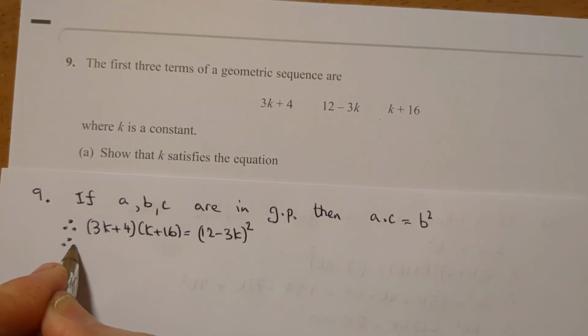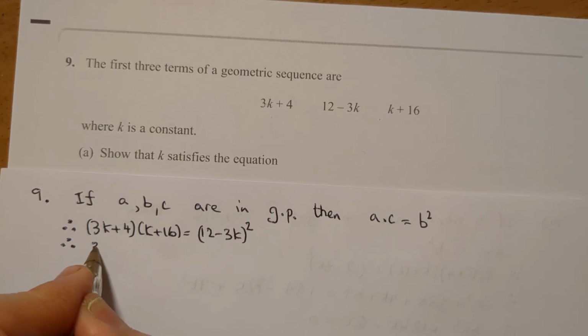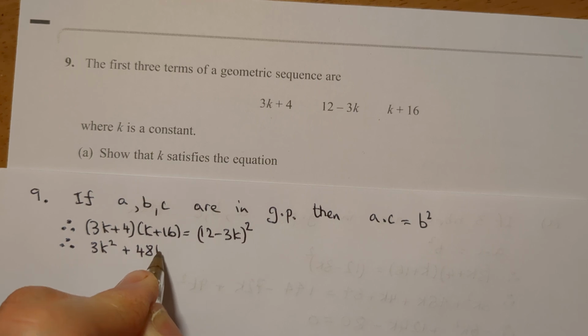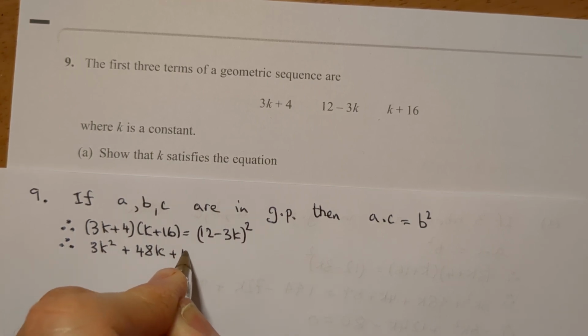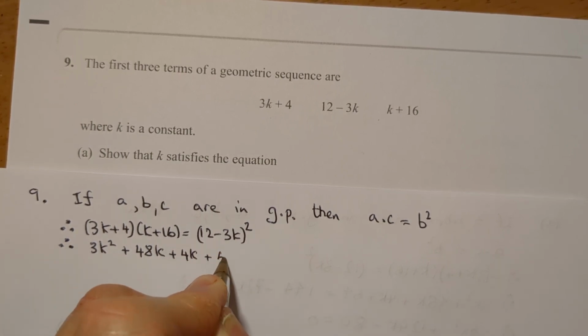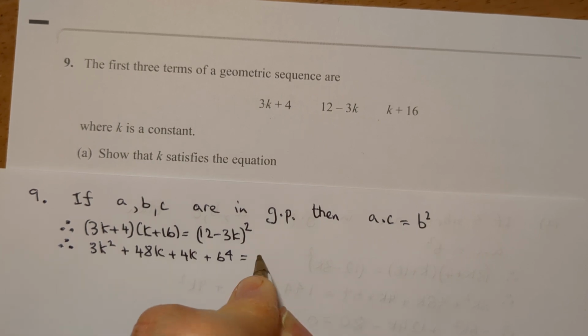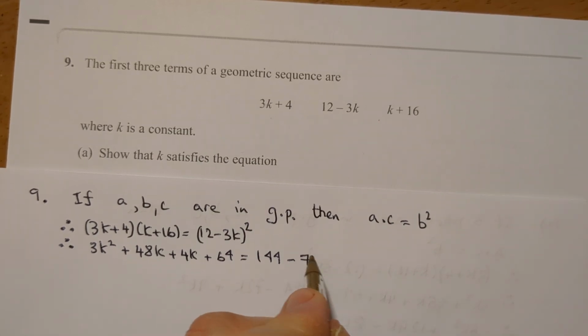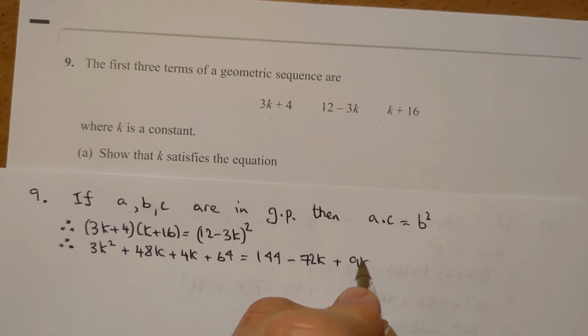Therefore, multiplying this out, we get 3k squared plus 48k plus 4k plus 64 is equal to 144 minus 2 times 12 times 3, which is 72k, plus 9k squared.